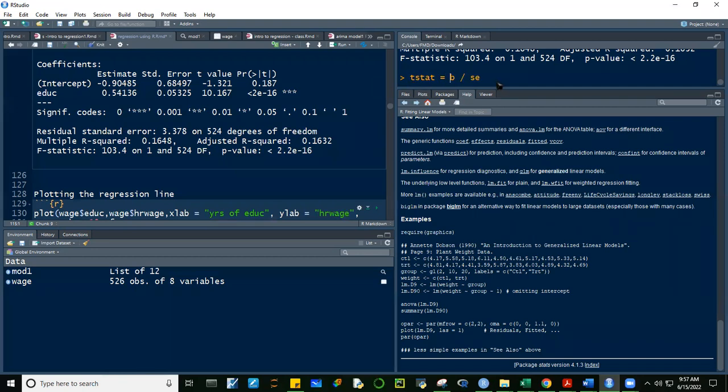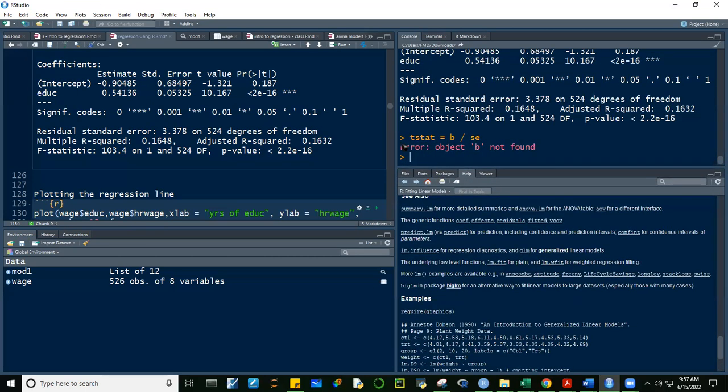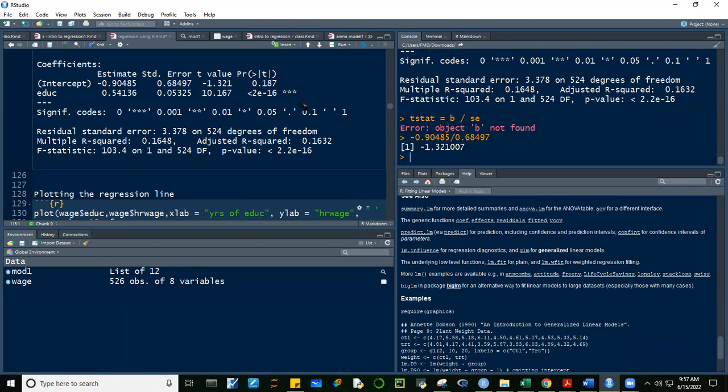You recall from your stat before, that's your t-stat. So let's try this. Our B is this one, Control C, Control V, divided by the standard error, Control C, Control V, then you have your t-stat, negative 1.321. And yung p-value niya is 0.187.